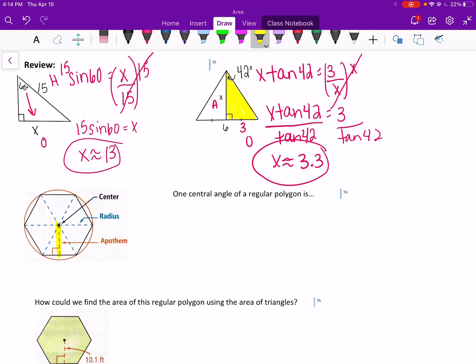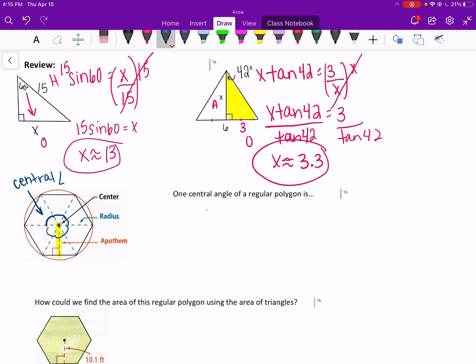I also want to add something to this picture. I'm going to talk about central angles. Central angles are just the angles that are in the middle, that are formed by the radii. So this is a central angle. And notice this shape has 6 sides and it has 6 central angles. And all of these central angles, notice they form a circle in the middle.